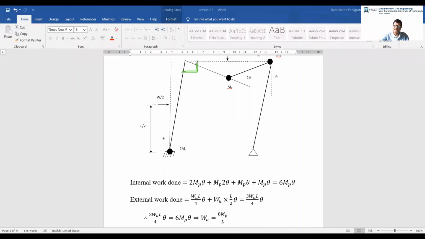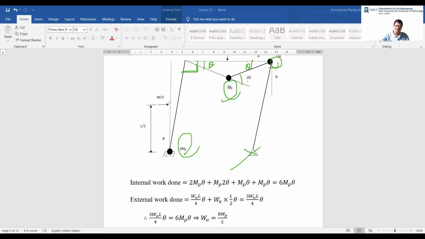This angle will not change, as we discussed from time to time. So this is theta, and here in the center it will be 2 theta. Here the capacity is Mp, here the capacity will also be Mp, and here there is no hinge because here and here it will be 2 Mp.